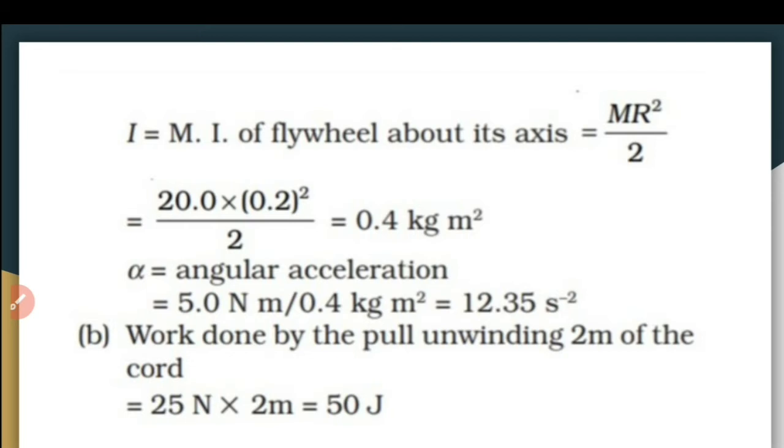The expression for work is force into displacement, F dot S, that is Fs cos theta. Theta becomes 0 because force and displacement are in the same direction. So Fs cos 0 is Fs. So 25 into 2 meter is 50 joule. So we are getting work done as 50 joule.